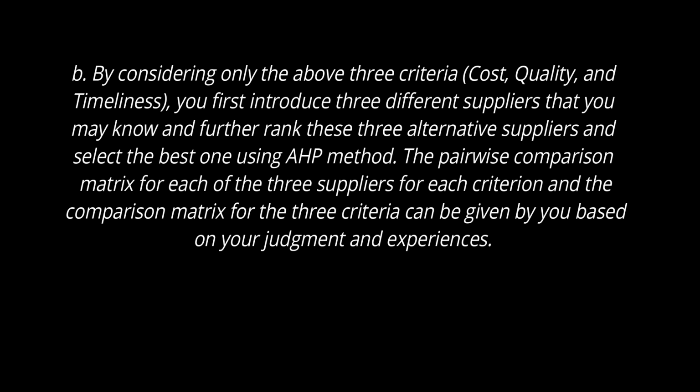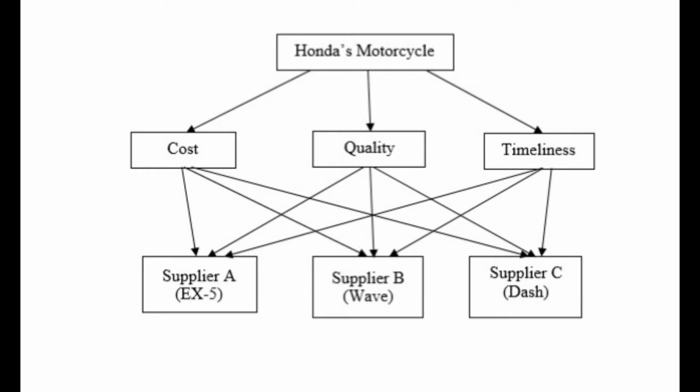The pairwise comparison matrix for each of the three suppliers for each criterion and the comparison matrix for the three criteria can be given by you based on your judgment and experience. Let's assume supplier A is ES5, supplier B is Wave, and supplier C is Dash.